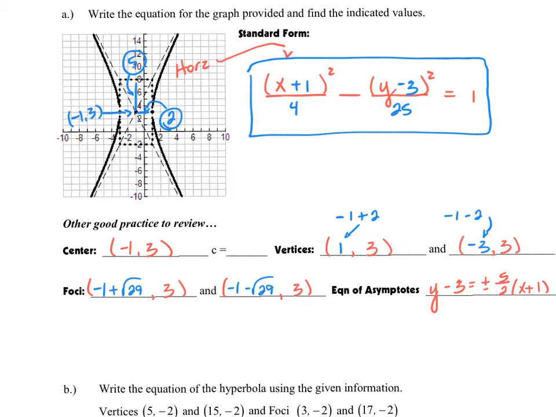If we could find the c value, remember the equation is c squared equals a squared plus b squared. So we'll have a c squared of 29, adding together the 4 and the 25, which makes our actual c value the square root of 29. That's going to be the distance from the center to the foci. So you could practice getting each of these parts that we worked on in our previous lessons.